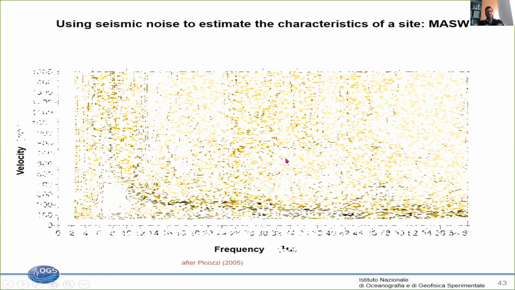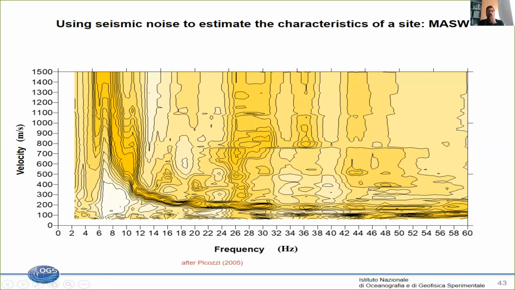Most of the inversions were done in a very simplified way, always considering the predominance of the fundamental mode in the dispersion curve, which is okay. But in some cases this generated very large artifacts in the soil velocity profiles. This should be considered very carefully.